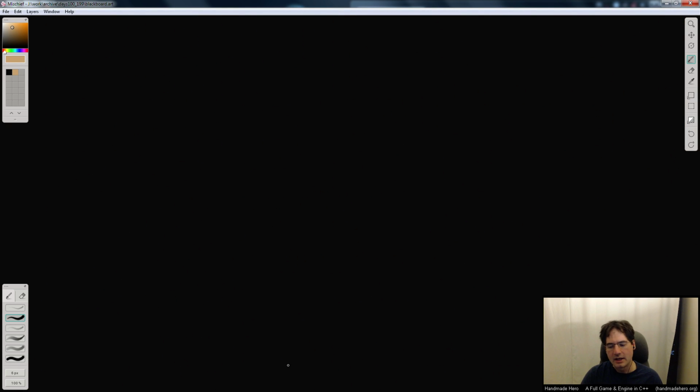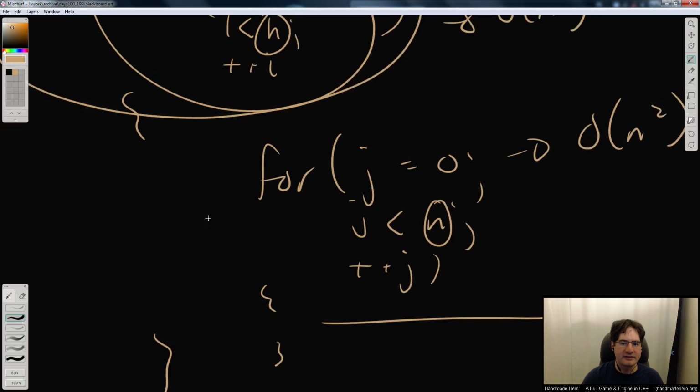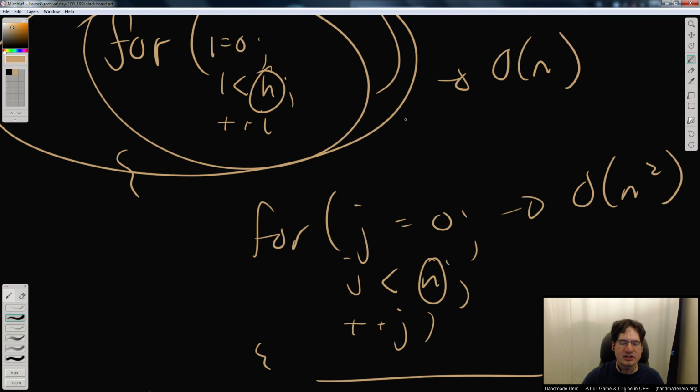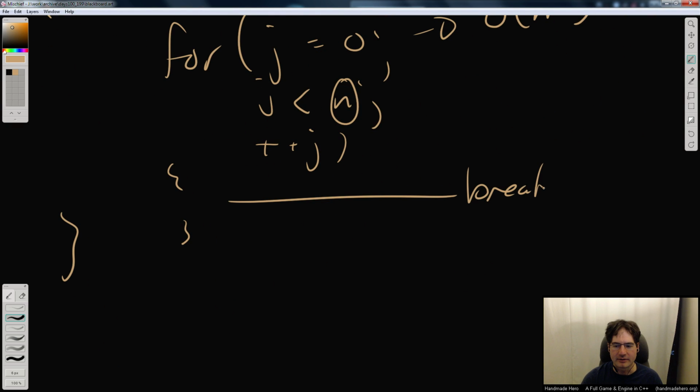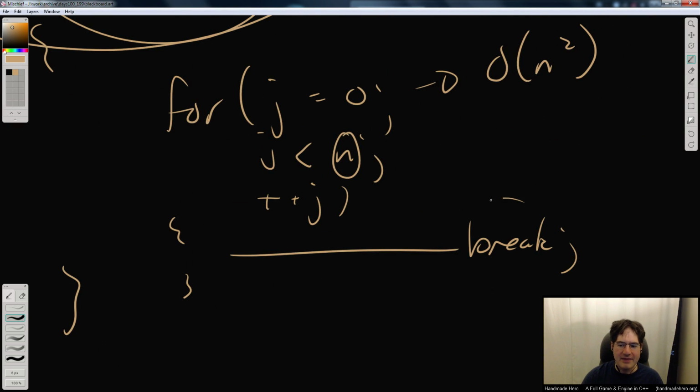So there's other things. So let's talk about first that O(n). What does it really talk about, right? Well, this may be a very simplistic view of what it might look like in the code, because maybe there's a break statement in here, right? And that break statement is inside some if, and that if triggers sometimes.